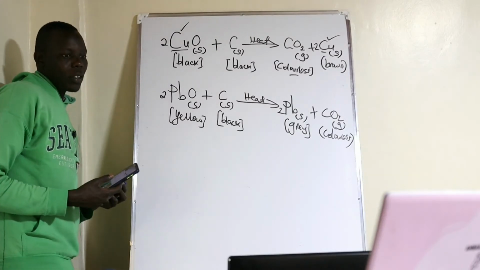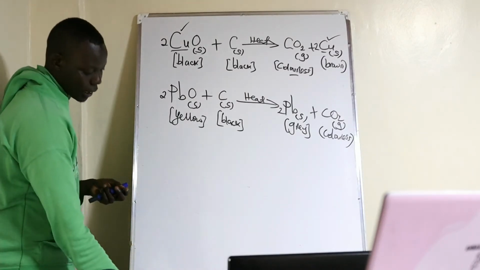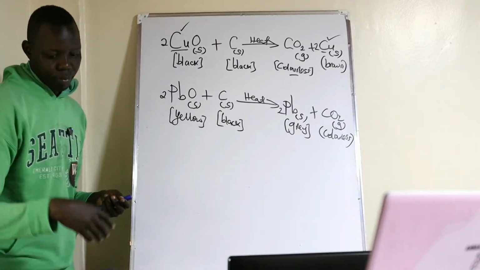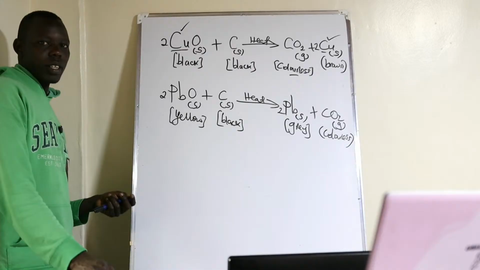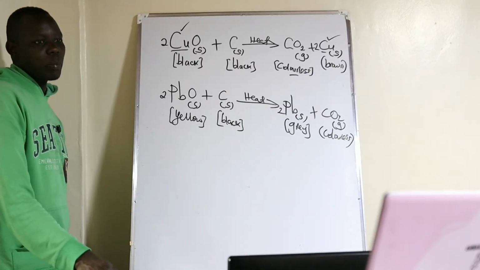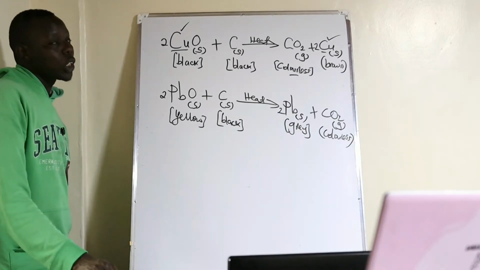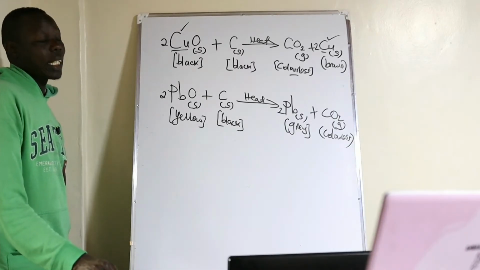We still have two more to write. We are still discussing the chemical properties of carbon. We are on reducing property. Let's talk with zinc oxide. I'm also writing this so that you get to know the colors of the oxides.